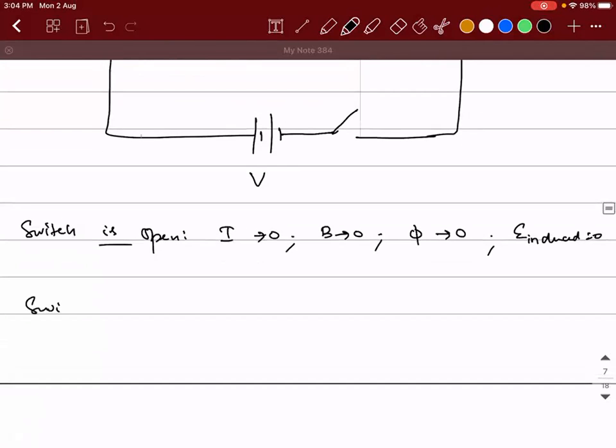Whereas when the switch is closed, what is going to happen? I will increase, which is going to be a non-zero value. B will increase, flux will increase, and the induced EMF is not going to be zero anymore. Right?